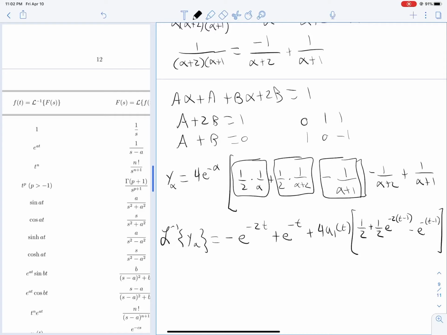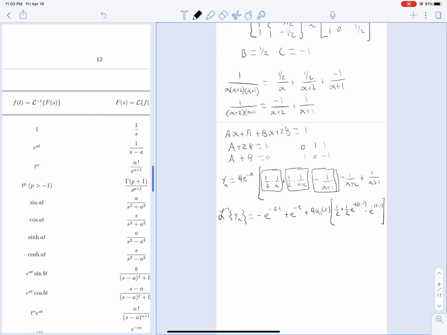And this is at least what an online calculator also gives me. So hopefully this is correct.